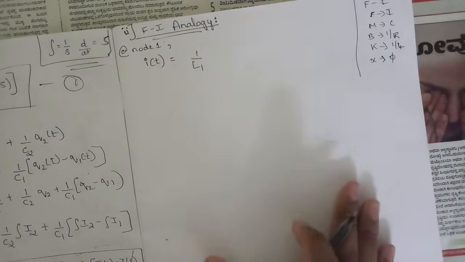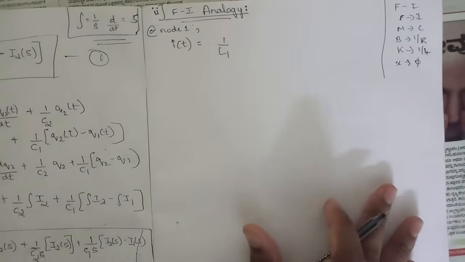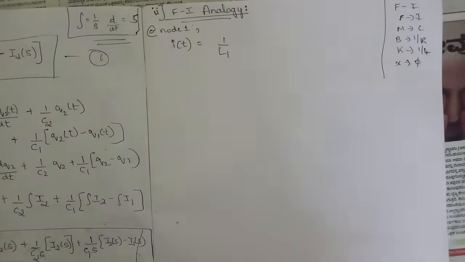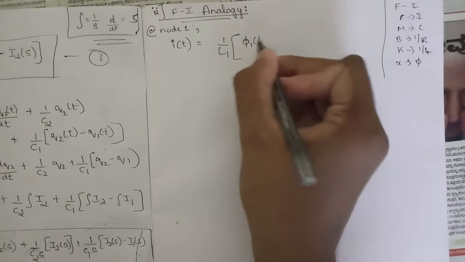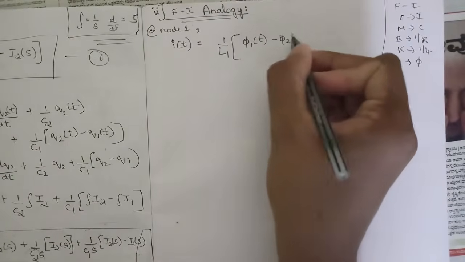We had K1 in the node equilibrium equation, so that is replaced by 1 by L1 into x1 of t, where X is replaced by phi, so phi 1 of t minus phi 2 of t.